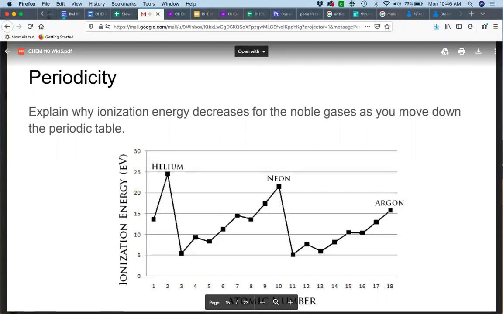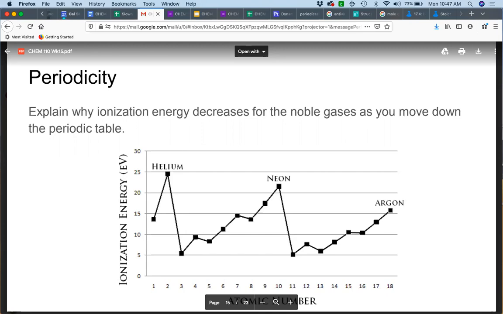If we're reading the table correctly, it looks like helium has an ionization energy in eV that's roughly 25, whereas neon has an ionization energy between 20 and 25, so let's say 22. And then argon has an ionization energy in eV that's slightly above 15, so maybe we can say 16.